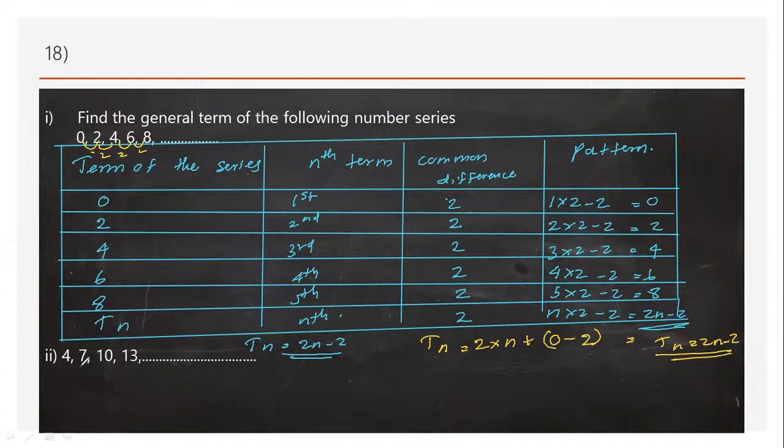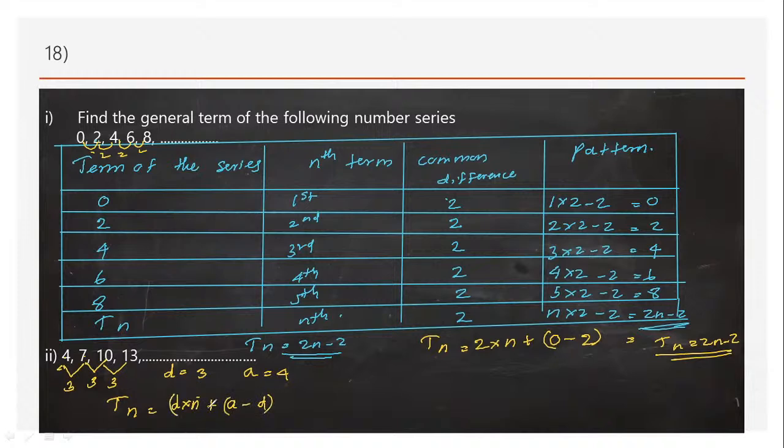Get the common difference. Then 7 subtract 4, that is 3. 10 subtract 7, 3. 13 subtract 10, 3. Then common difference d equals 3. First term we mention as a, a equals 4. So we can find the general term Tn equals common difference into n plus first term a minus common difference.